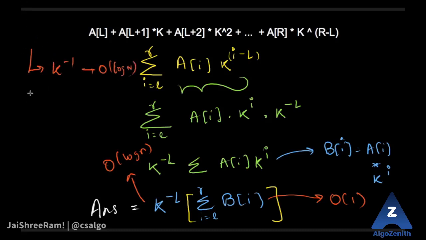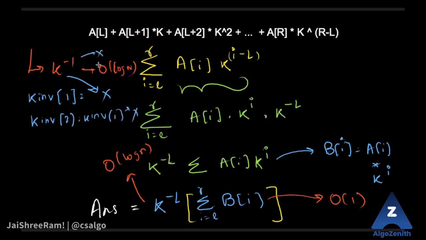So what you do is that you build an array of k inverse where you save the k inverse of 1 is equal to this value, whatever value you get, you put in there. And then k inverse of 2 is equal to k inverse of 1 multiplied by this value over here. Let's call this x. You just multiply this value over here.